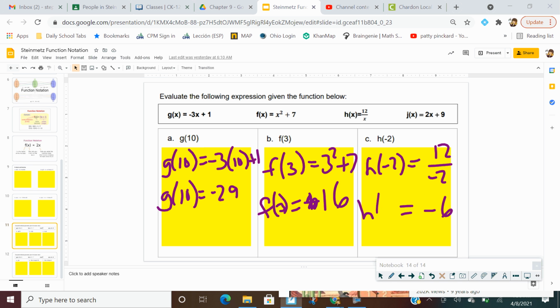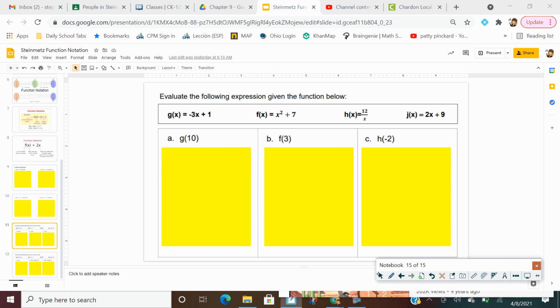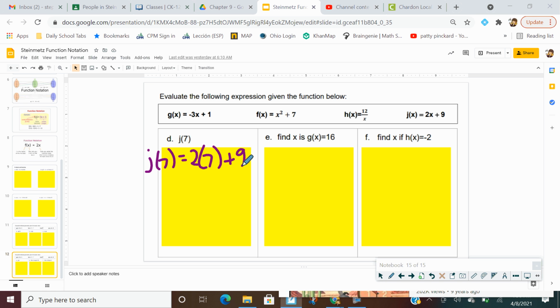So h of negative 2 equals negative 6. In the next example, we're doing j of 7. So j of 7 equals 2 times 7 plus 9. 7 times 2 is 14. 14 plus 9 is 23.